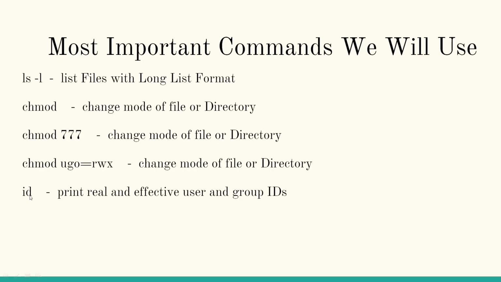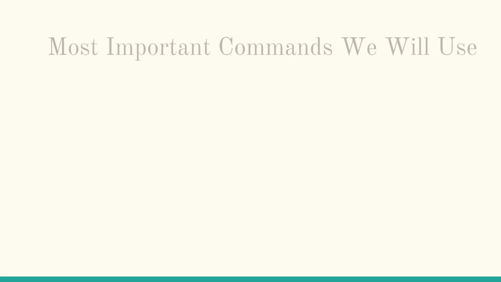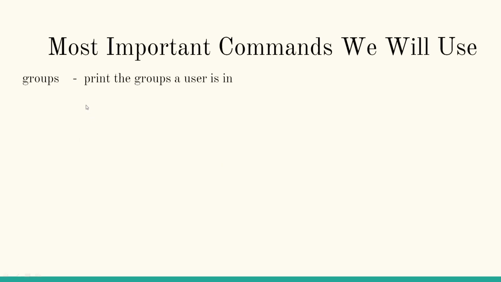We have the id command. This is to print real and effective user and group IDs. So you can see what is the current user running this specific command. Also we will use groups. This is to print the groups a user is in. So for example, I'm using the Ubuntu user, and when I type groups, it will show us the current groups of the user.